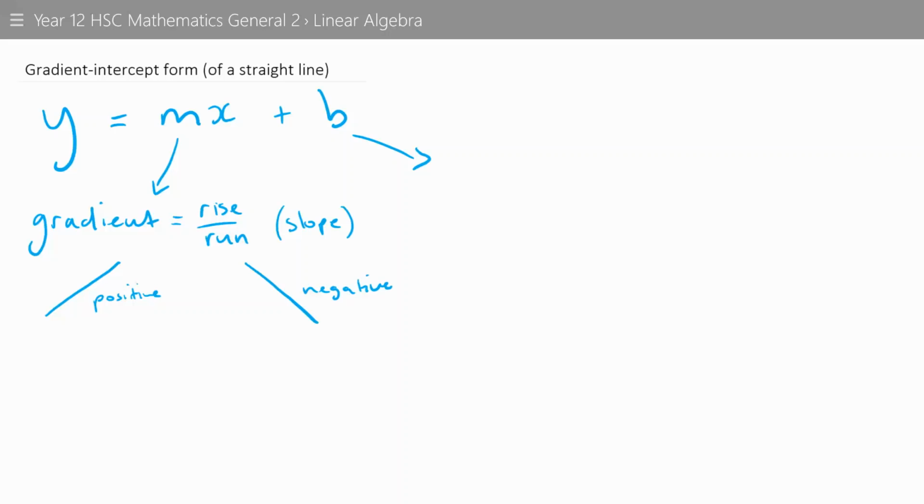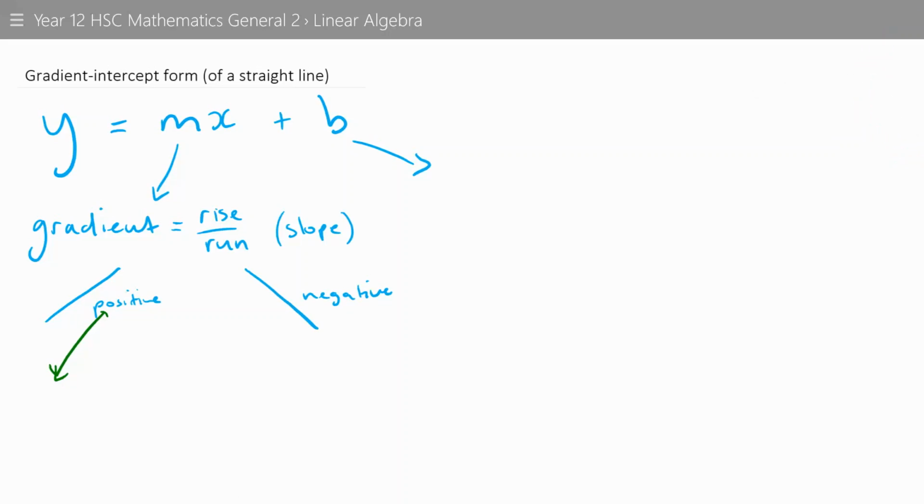A way I like to remember it is if you get a tick for something, the main part of the tick is in the positive direction. It's a positive thing to get a tick, so that's how I remember. If you want to leave the tick there, that reminds me about positive gradient. The other thing we need is the y-intercept.